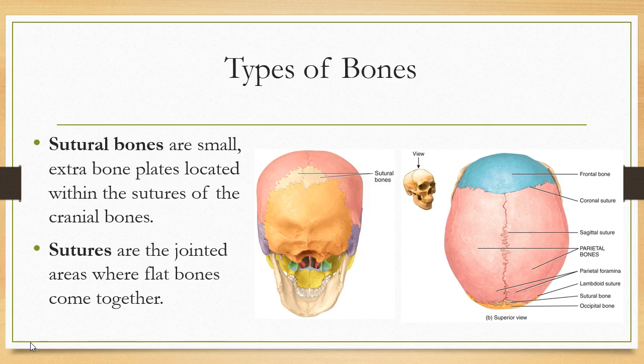Sometimes they are a variation. The reason they're called sutural bones is because they're not supposed to actually be present. It's just an area of calcification in the membrane before the regular skull bones are able to form in that area. Okay, sutures are going to be the areas that join the skull bones together.